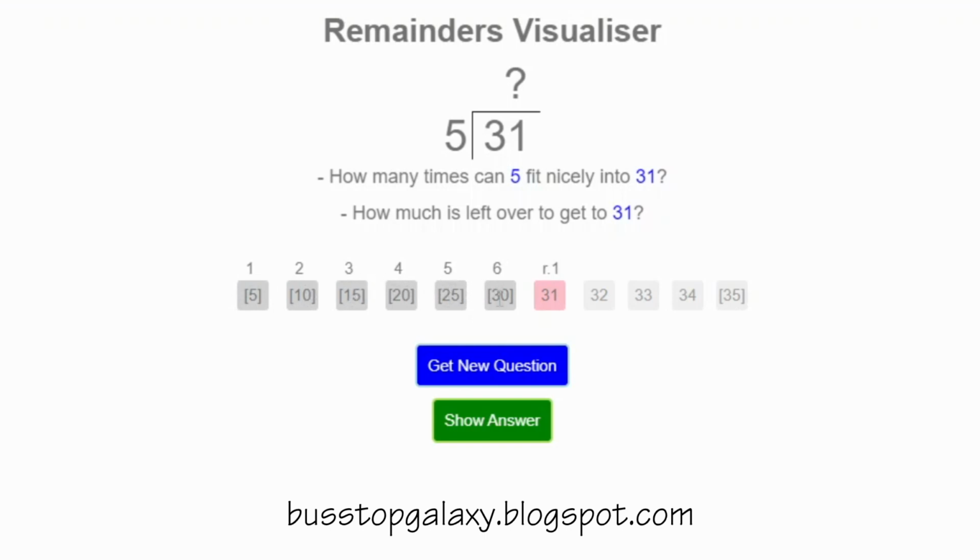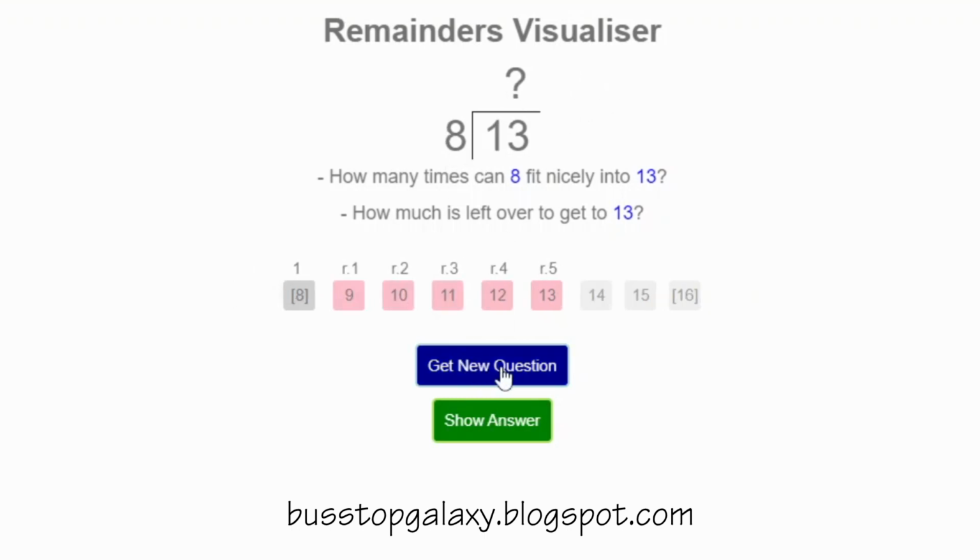And we've reached 30 by doing it 6 times. If we carry on further, 5, 10, 15, 20, 25, 30, 35, we've actually gone too high. So the 5 fits in 6 times, and then we have a remainder here. So we're thinking, how do we get from 30 to 31? Well, it's only remainder 1, so it's 6 remainder 1. And you would write the answer up here.